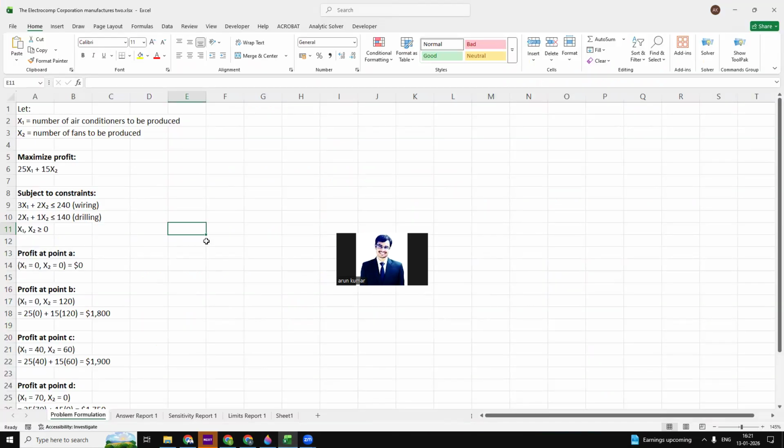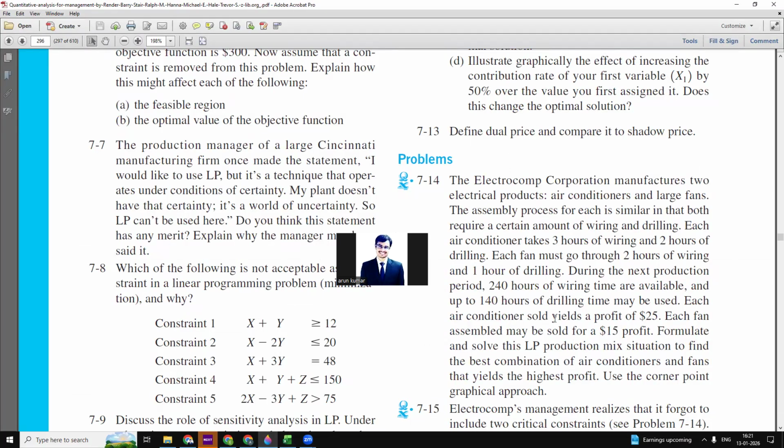Here we have used x1 and x2 as variables, where x1 is the number of air conditioners to be produced, and x2 is the number of fans to be produced. Our goal is to maximize profit, as they mentioned here: 25 and 15.